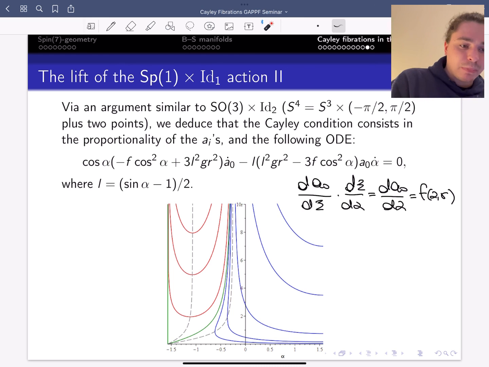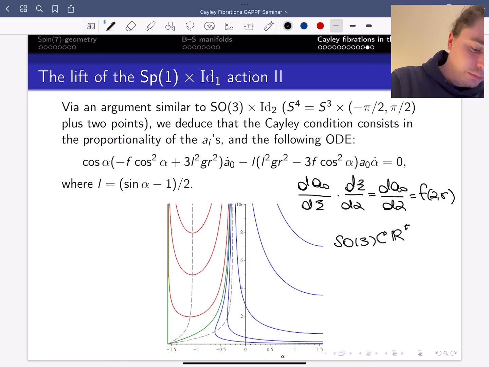So the last case that one should try to do is the SO3 acting irreducibly on R5, sorry.